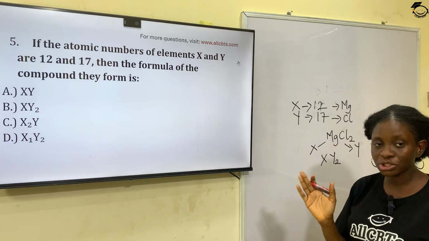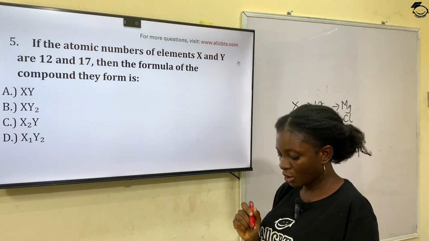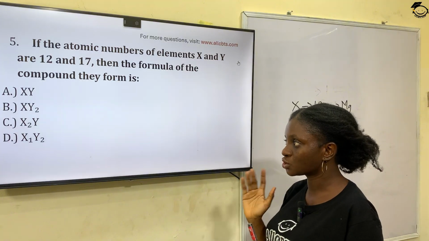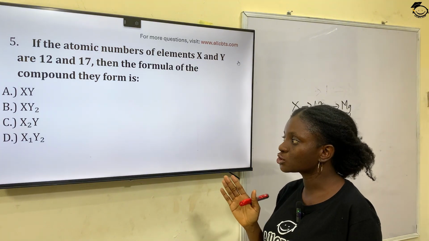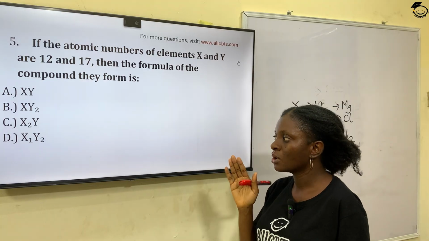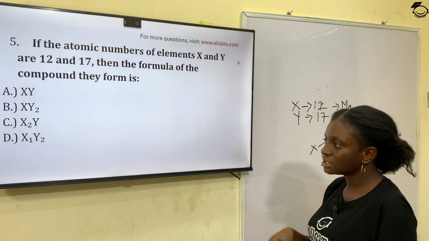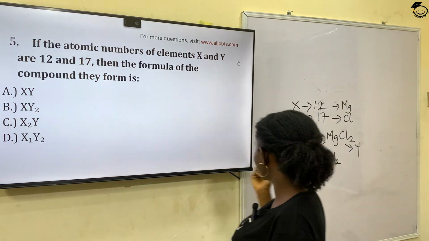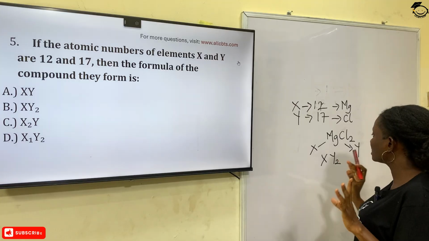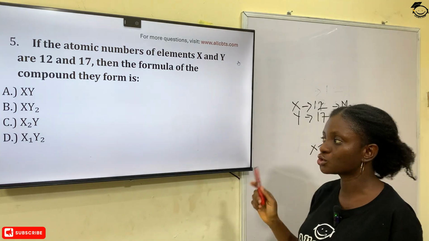So from the options provided, we can see option A, XY. Option B, XY2. Option C, X2Y. Option D, X1Y2. This option D might look similar to what we get, but the proper way to write it is XY2.